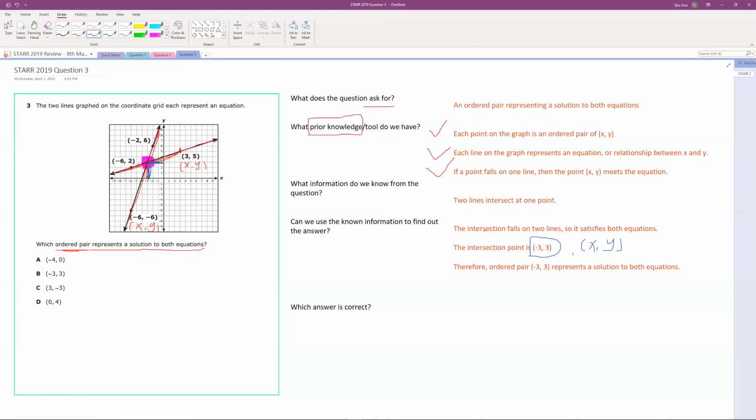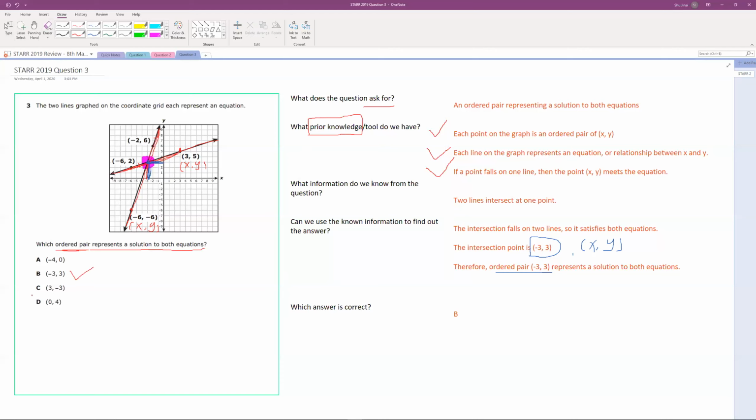Therefore, based on our finding, this intersection, -3 and 3, represents a solution to both equations. So therefore, the correct answer is B. The correct answer is B.